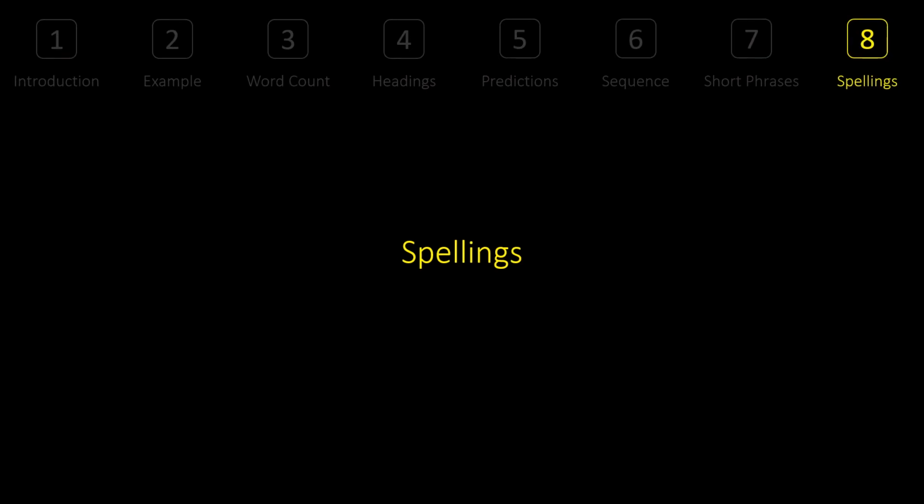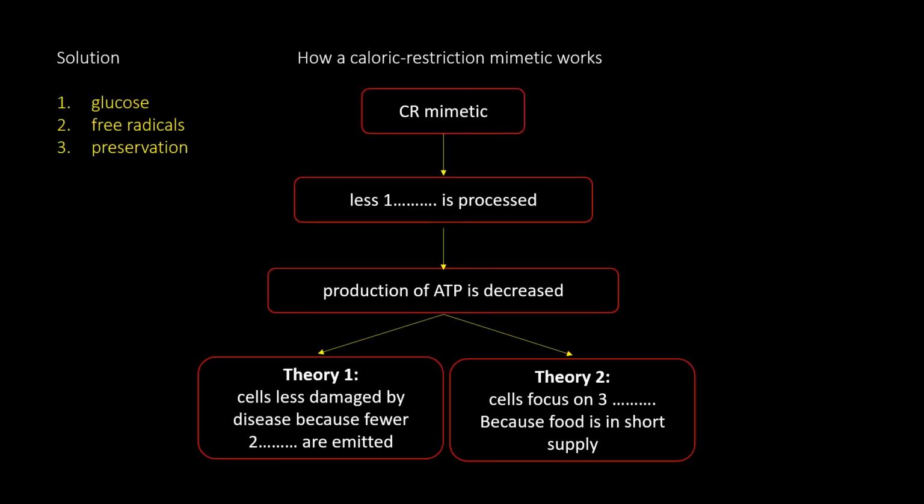The last one, but very important, the reason is people don't pay attention to this: spellings. Why is it important? Let me show you here. They have to be correct. I know this is very short information, but with an example, it'll get clear. If you look at this, the first answer is glucose, right?